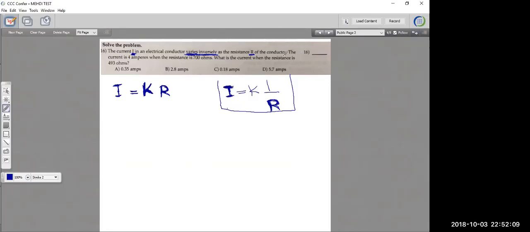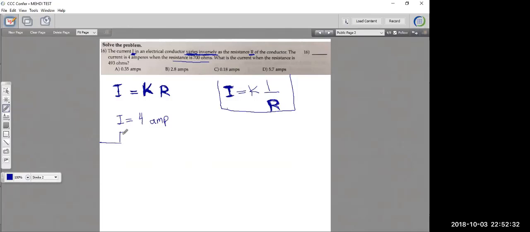Let's read the rest. The current is 4 amps. They're giving you the current is 4 amps. This is a condition they're giving you. When the current is 4 amps, the resistance is 700.